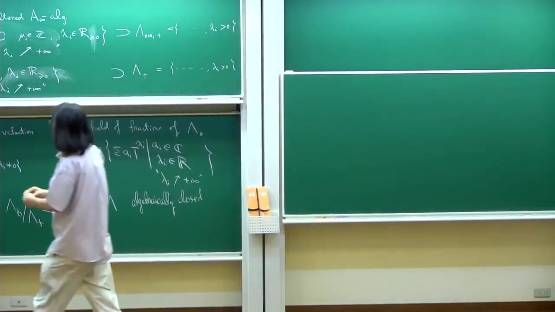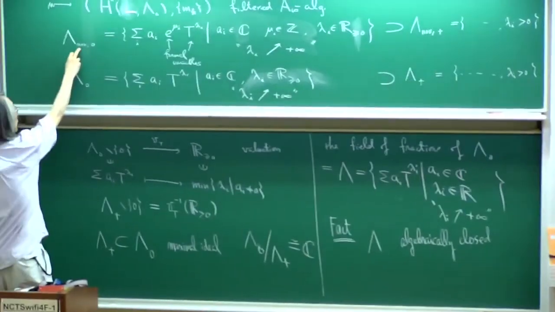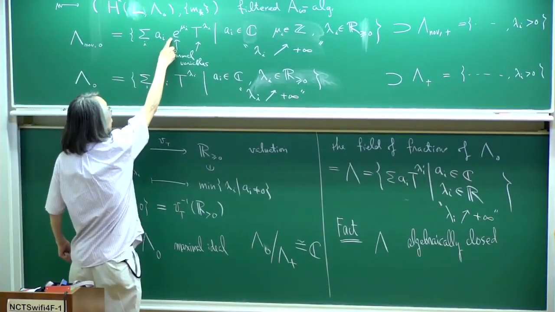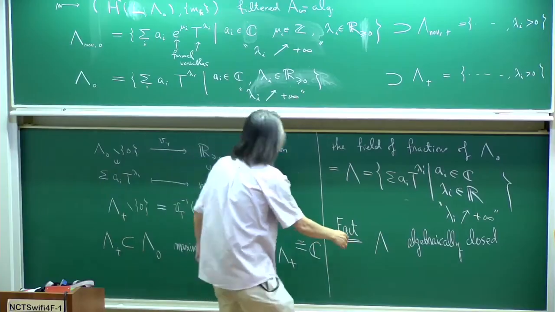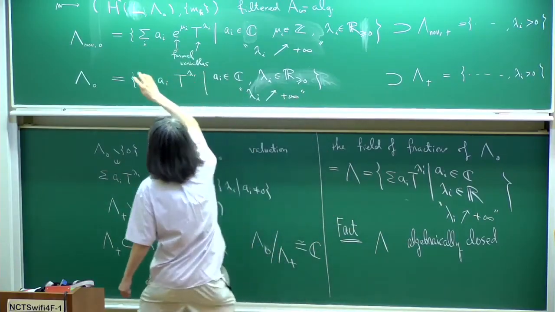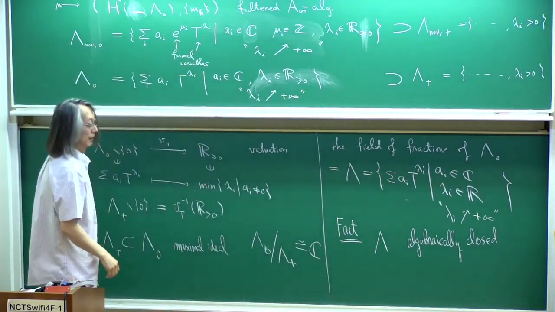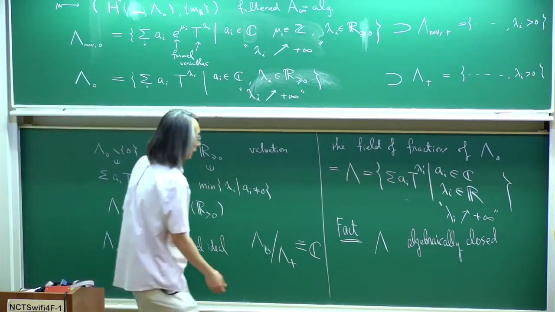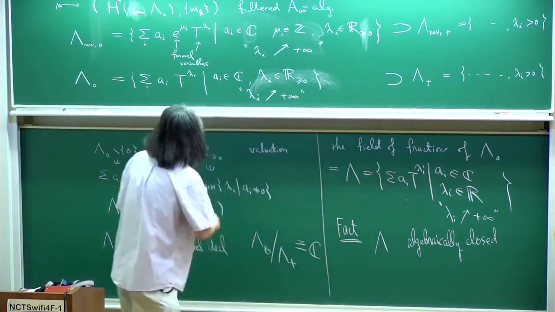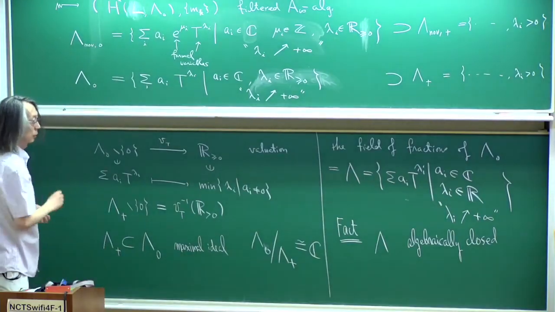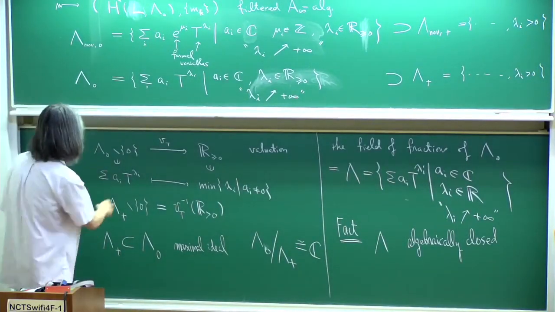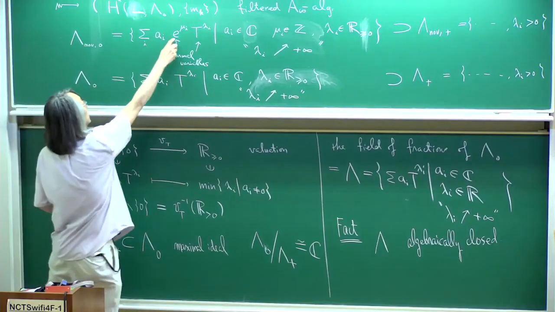Okay, so this is for this version, not this version. This version has this E, and then this lambda nought is not really a field, but this one without E, we can show that it's actually closed. So here I don't have any E.